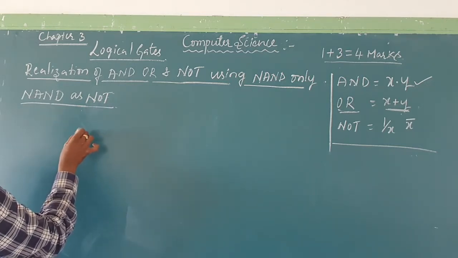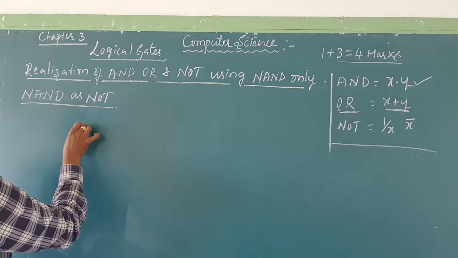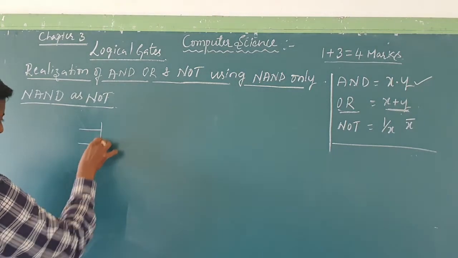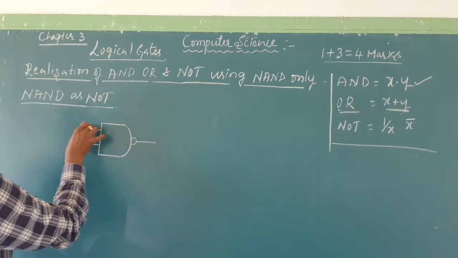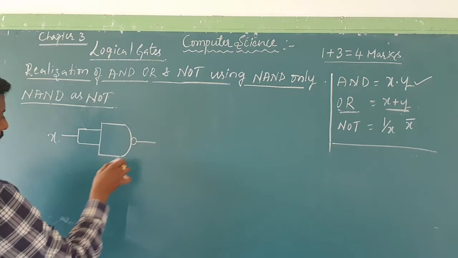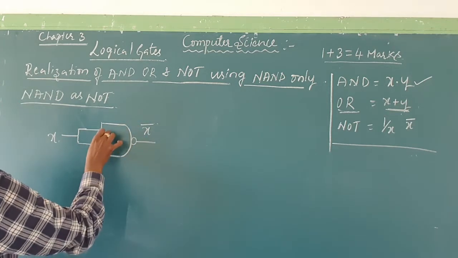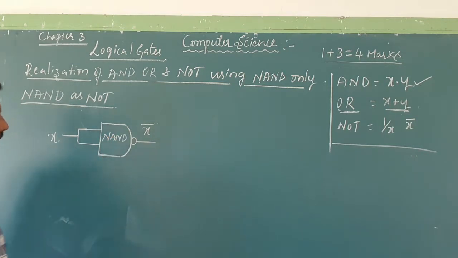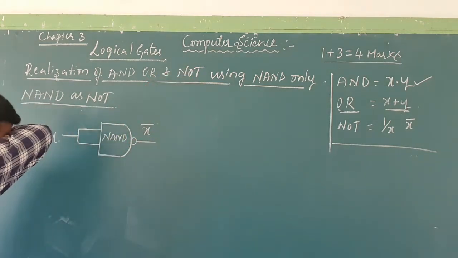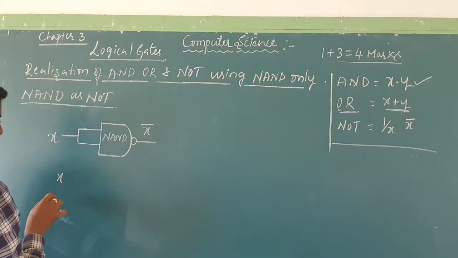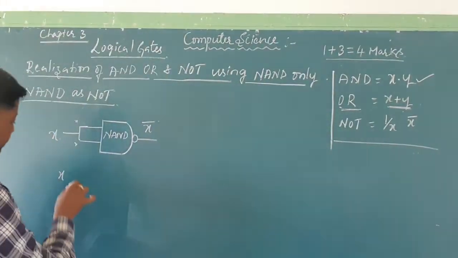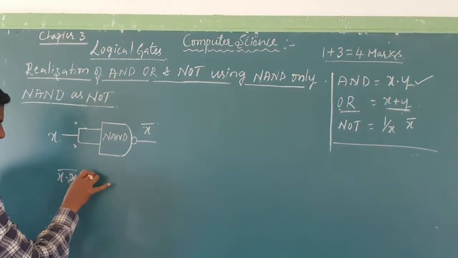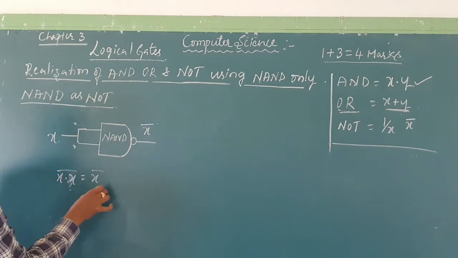Just one NAND gate with both inputs tied together, that means x into x whole bar, that is equal to x bar.